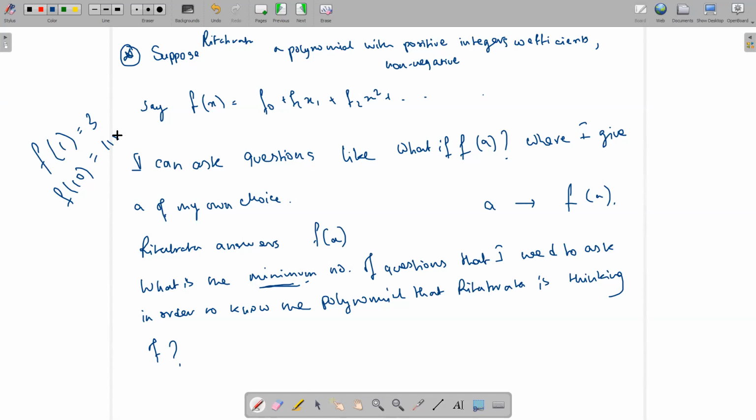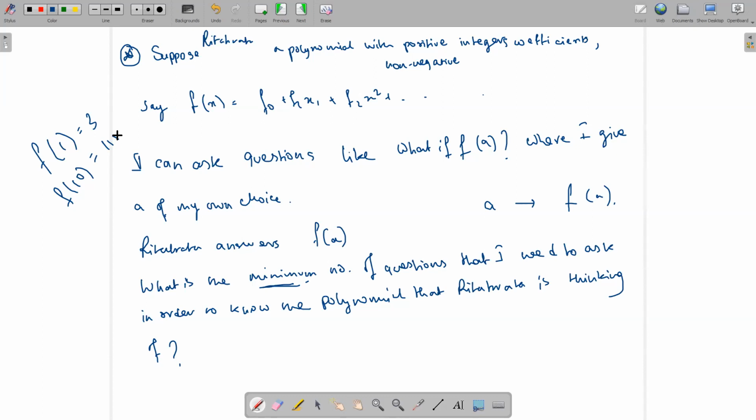No. When f of 1 is 111 and f of 10 is also 111, how can you say then? The polynomial was given with positive integer coefficients. How can they be equal? The function should be strictly increasing or non-decreasing. What if it is a degree 10 polynomial? It can have equal values at 10 points, right? But it is with positive integer coefficients, so if we take x to be positive, the function increases.